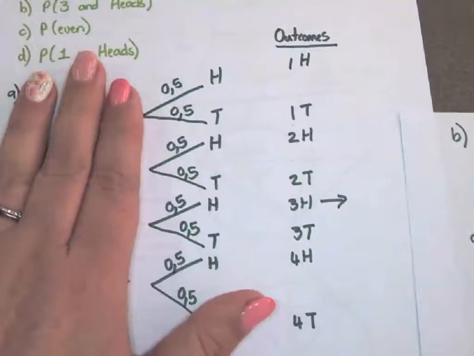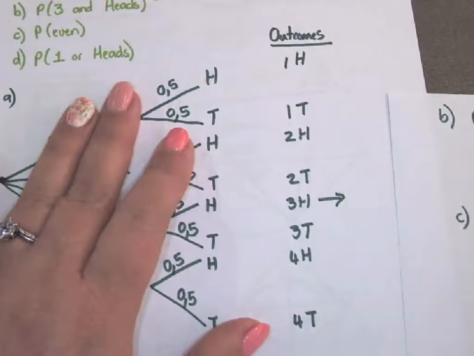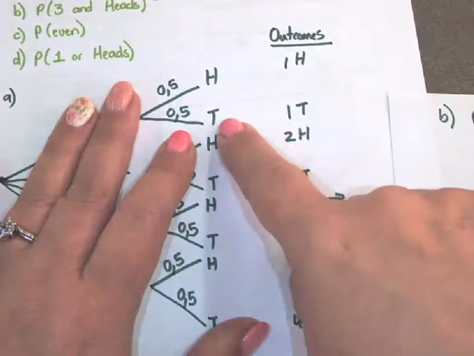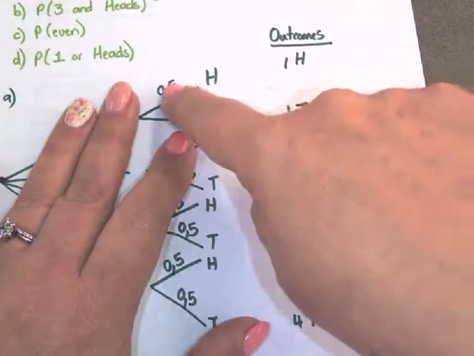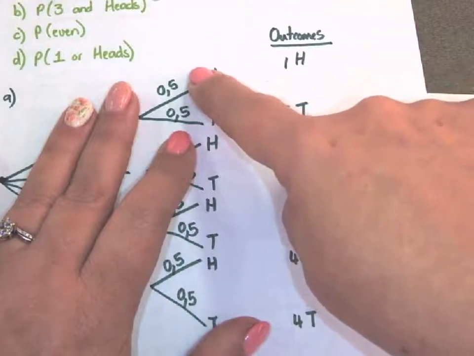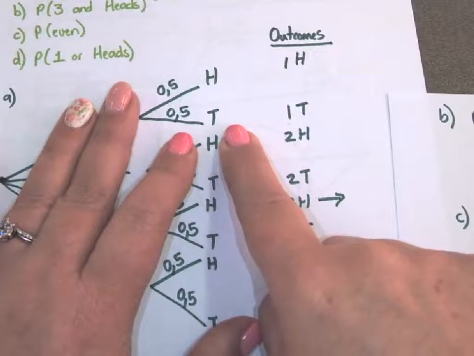Okay, coin has two options. So half of the options is heads and half of the options is tails. So the probability of getting a head is 0,5, that's a half. And the probability of getting tails is 0,5, which is also half.